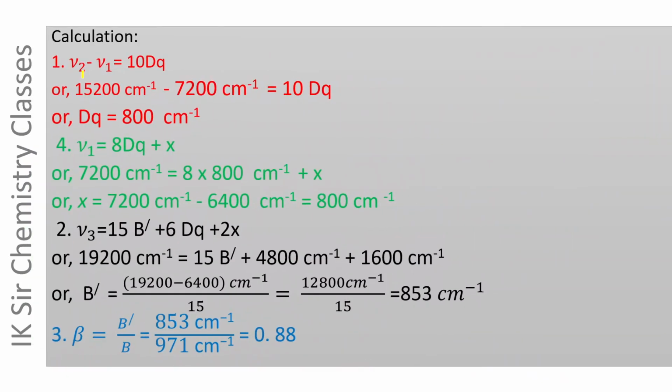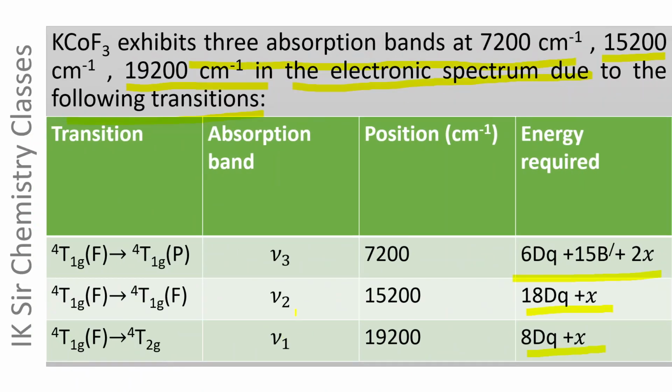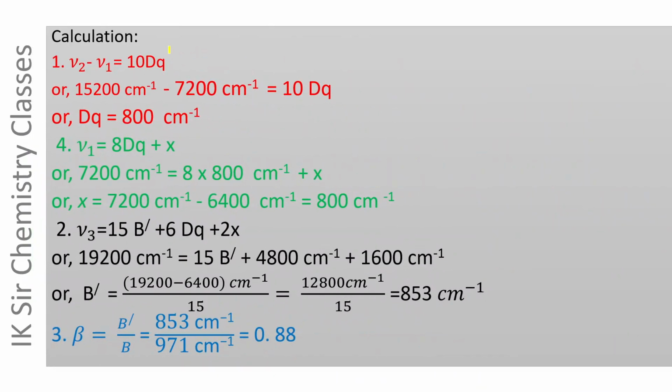Now calculation of nu2 minus nu1. Let us see. If we subtract nu1 from nu2, it will be equal to 10 dq.